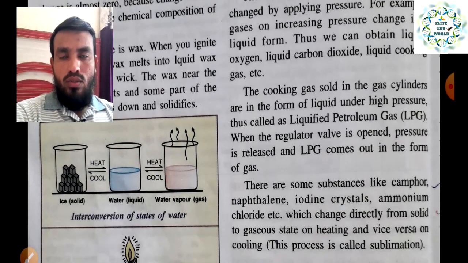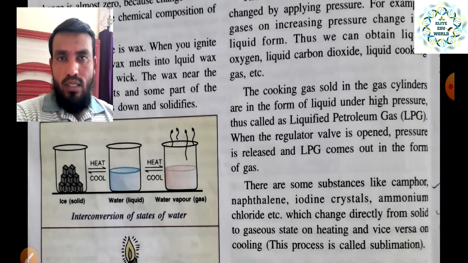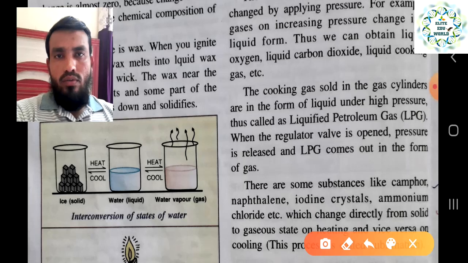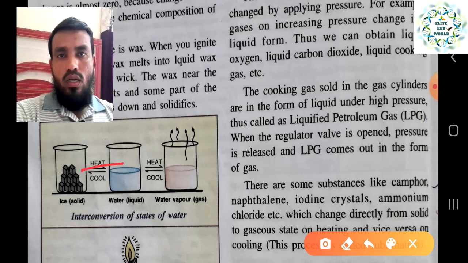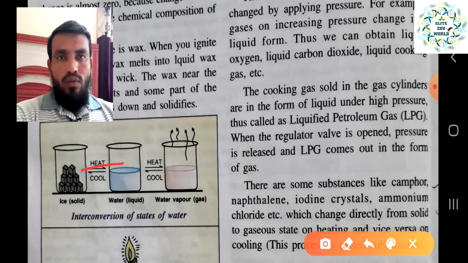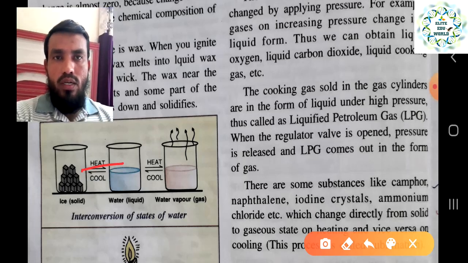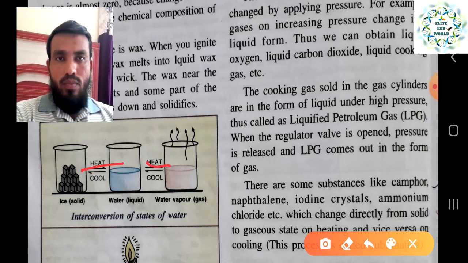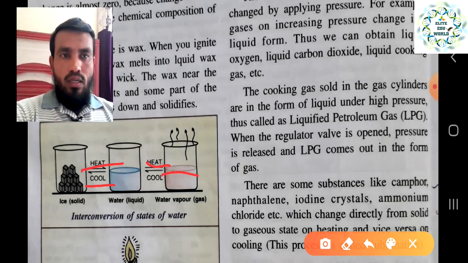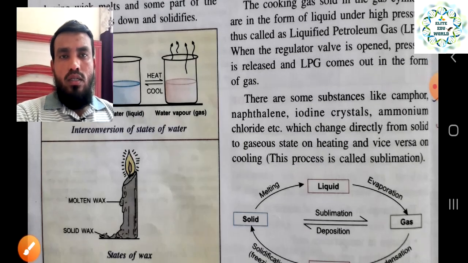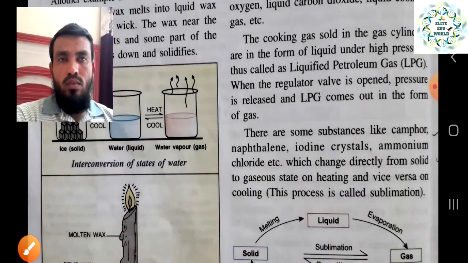We can also see the example of ice, which we have already seen. When we give heat to the ice, it melts. When we heat that liquid again, it becomes vapor. If we do the opposite and cool it, it again goes through the opposite cycle. So that is the reason the state of the matter changes, but the property remains the same.